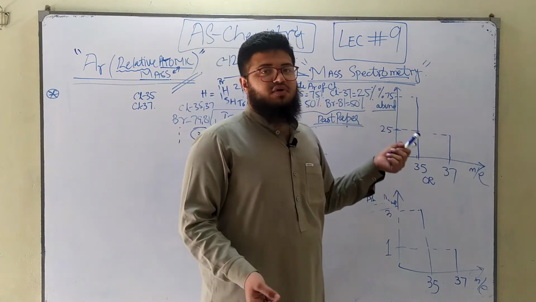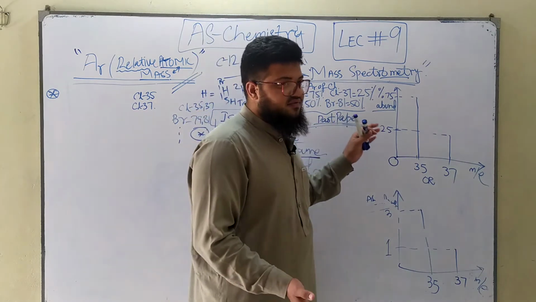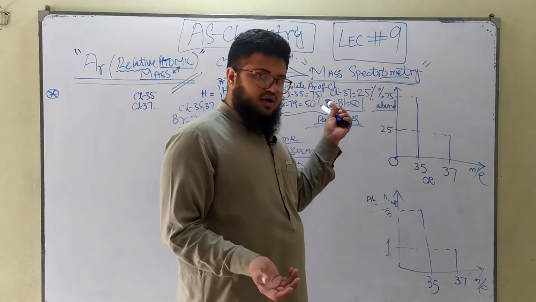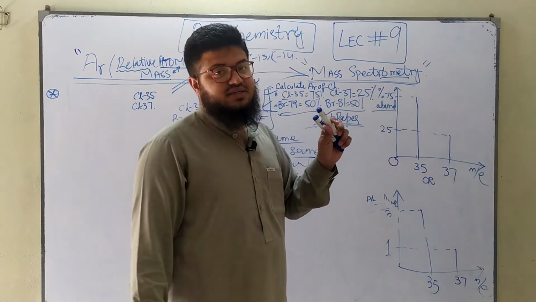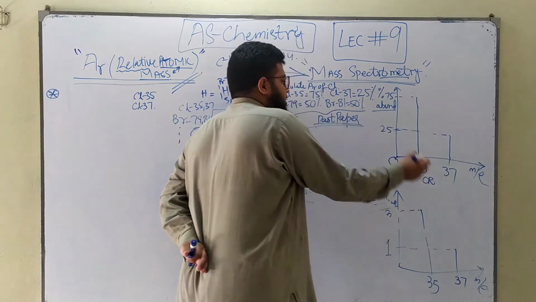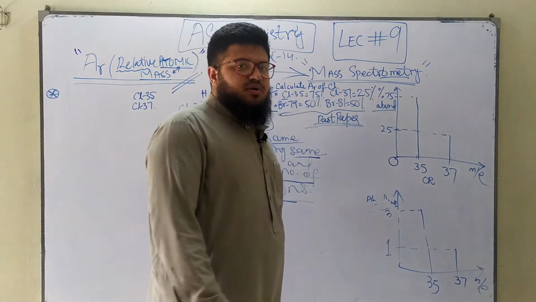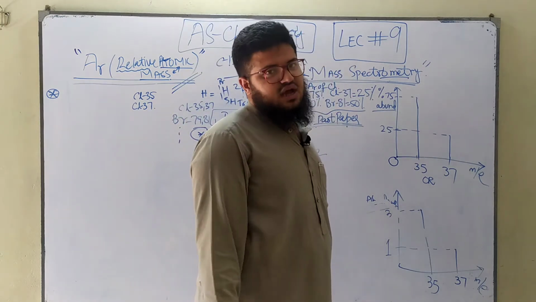Similarly, if you take a sample of chlorine, there is a 75% chance that you will get chlorine 35 and a 25% chance that you will get chlorine 37. This percentage abundance is very important in order to calculate the relative atomic mass of chlorine, bromine, or any element.